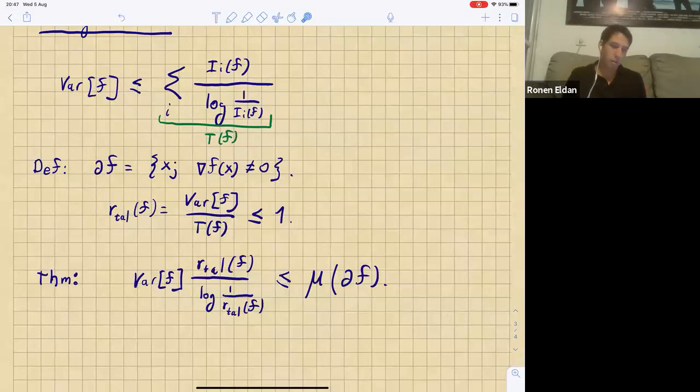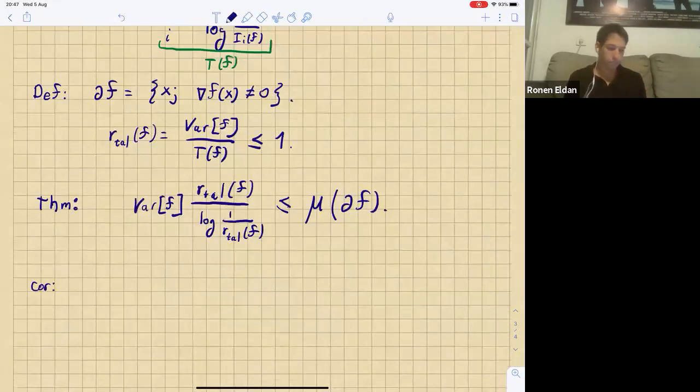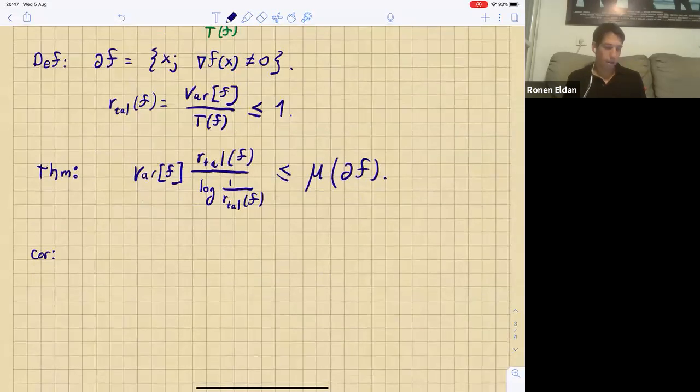And a corollary of this is, again, some kind of stability bound for the so-called isoperimetric inequality.